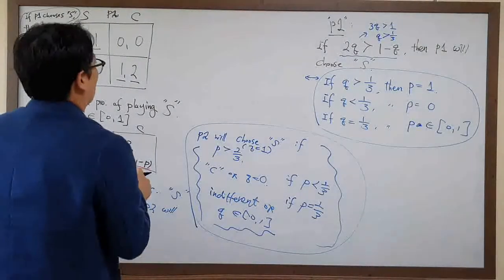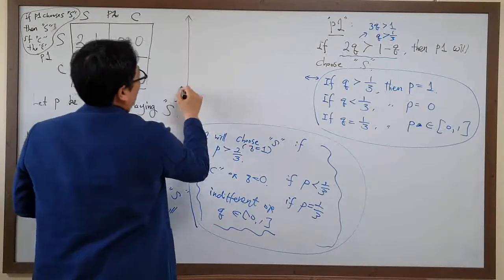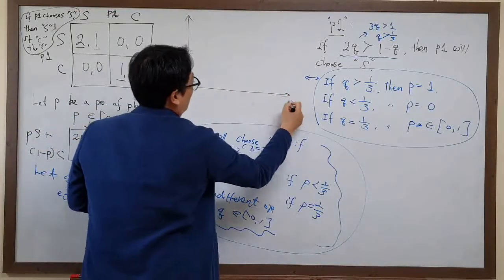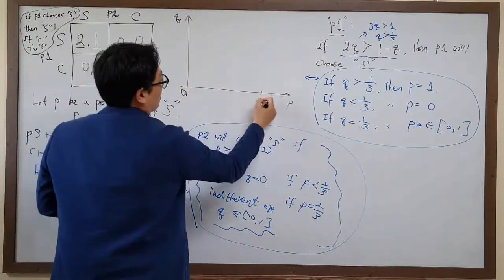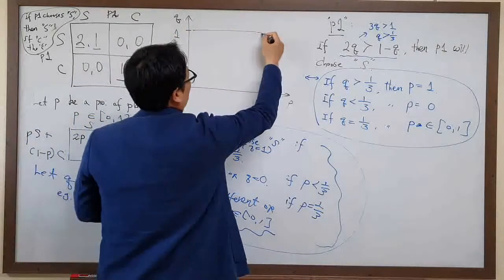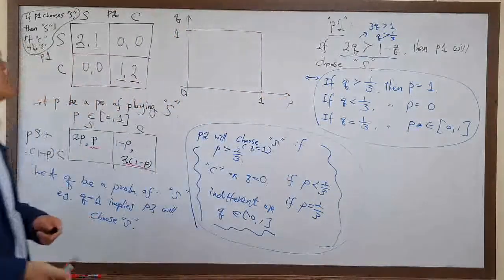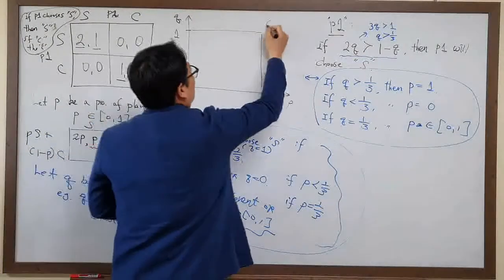So think about this graph. This is P, this is Q. They can be in 0 to 1 and 0 to 1. So we can think about this rectangle. Think about this point.